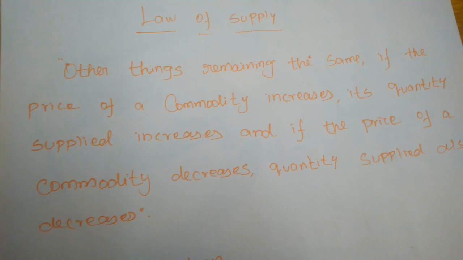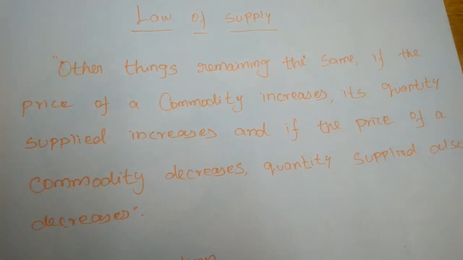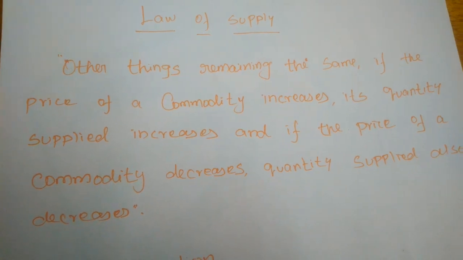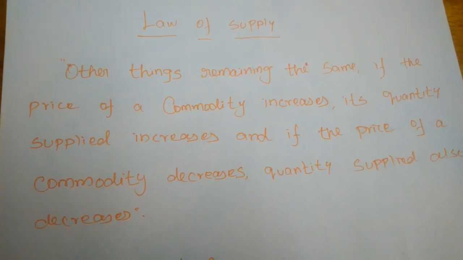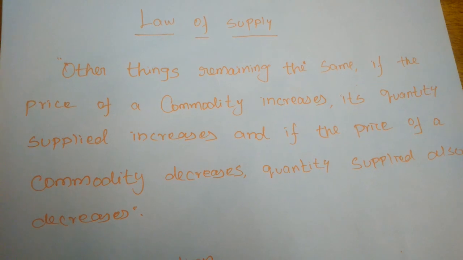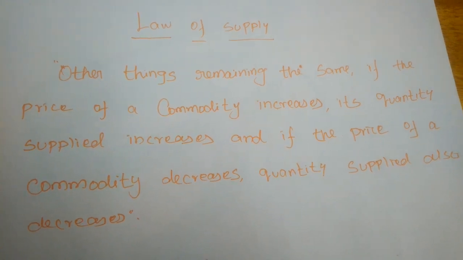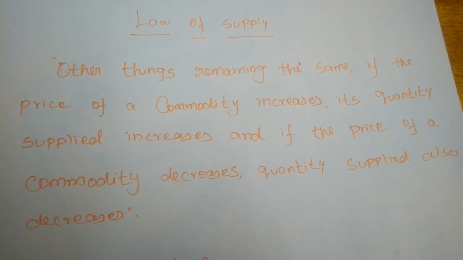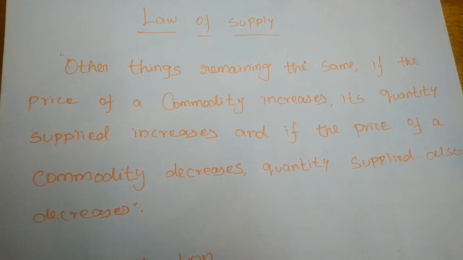The law of demand refers to the price of a good and the demand for the good. In the law of demand, there was an inverse relationship between the price and the quantity demanded. But in the law of supply, there is a direct relationship between the price and the commodity.